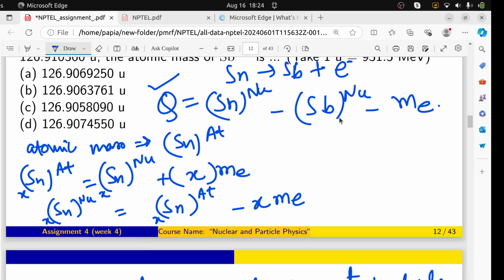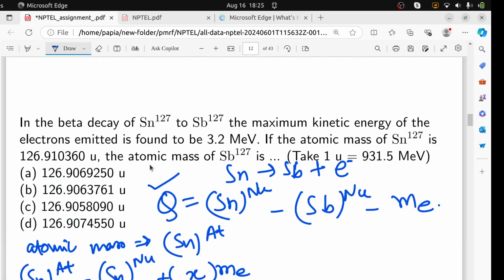Fine. Now we will replace this expression here. In the question they are asking for the atomic mass of Sb. Whatever we get will be the nuclear mass of Sb, but we need the atomic mass of Sb. So similarly, whatever we have done for Sn, we will do for Sb also.